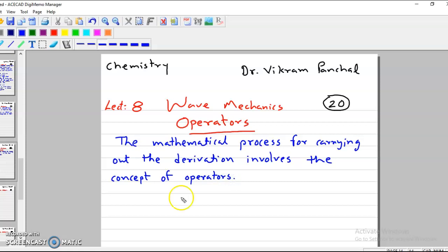So this is what operators means. It is basically a symbol. An operator is a symbol for a certain mathematical process.